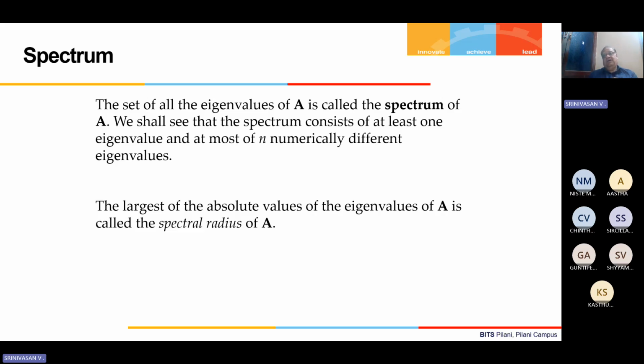That is called the spectral radius of A. So when you have minus 4, 1, 2, you can't say 2 is the spectral radius, but when you take absolute values, modulus of minus 4 becomes 4, which is greater than 1 and 2, and becomes the spectral radius of A. That's why it is given that the largest of the absolute values of the eigenvalues is the spectral radius of A.